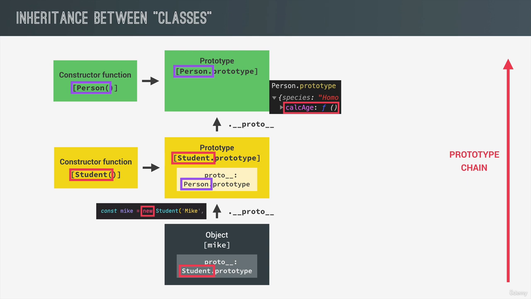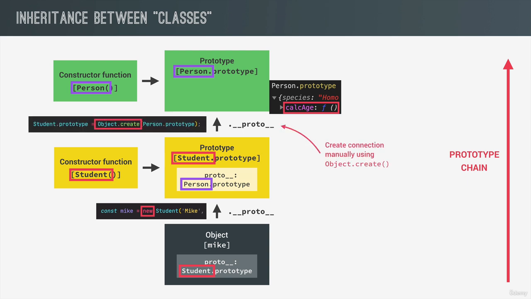So that's why I created it. Okay? Now, anyway, we are gonna have to create this connection manually. And to do this, so to link these two prototype objects, we are gonna use object.create, because defining prototypes manually is exactly what object.create does. Great, so let's go do that.